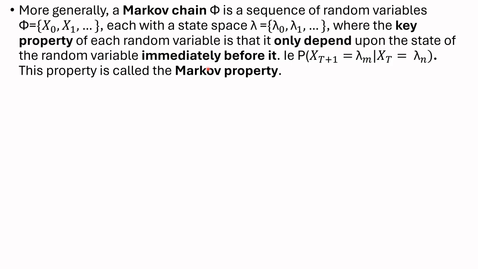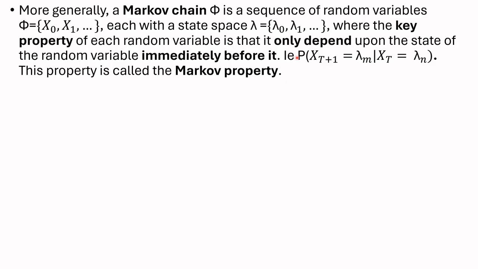So getting a little bit more general here, and a little bit more rigorous. Understanding everything about this definition is not essential, but putting it a little bit more clearly, a Markov chain is a sequence of random variables, and each random variable has a particular state space, where the key property of each random variable is that it depends only on the state of the random variable immediately before it.